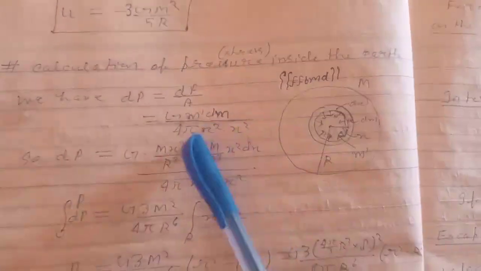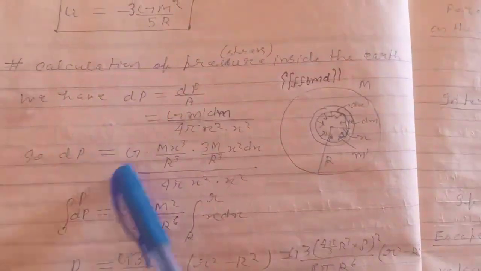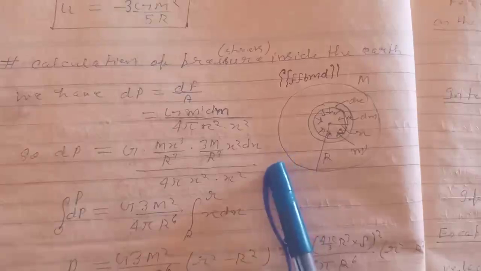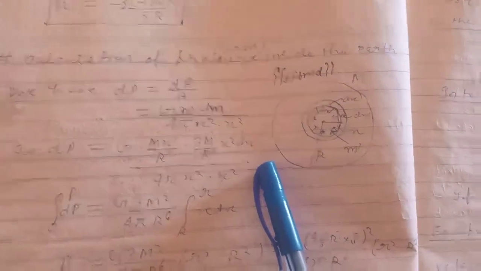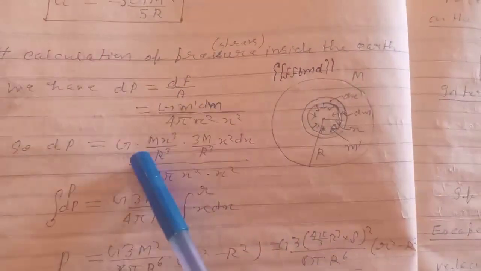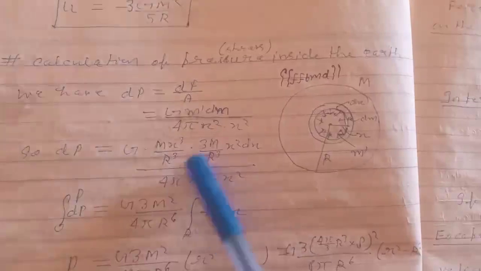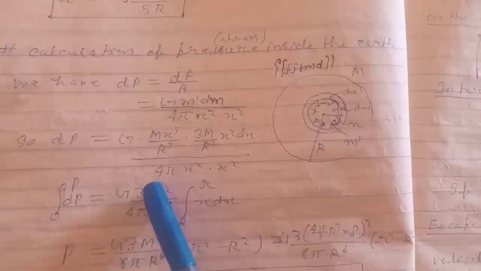So dP equals G into M dash into dm by 4 pi x square into x square. Now M dash will be M x cube by R cube, and dm is 3M by R cube into x square dx, divided by 4 pi x square into x square.